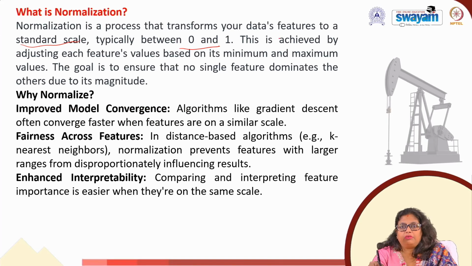This is achieved by adjusting each feature value based on its maximum and minimum values. The goal is to ensure that no single feature dominates the others due to its magnitude. That means no feature should be given preference based on its numerical value.